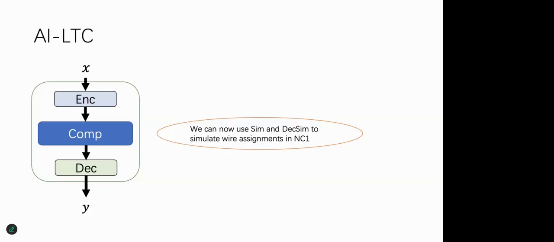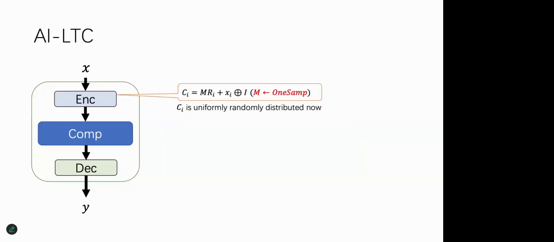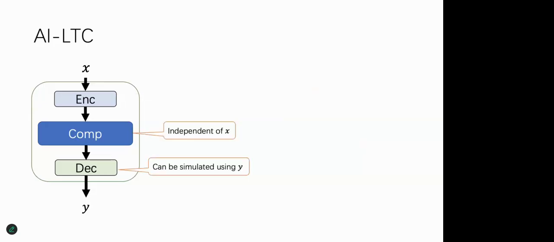Then we can use both the simulator of the new decoder and the simulator of the stateless LRC we mentioned before to simulate all the wires in NC1. This means that we can switch the distribution of M from zero-sum to one-sum and then make the ciphertexts uniformly random now.